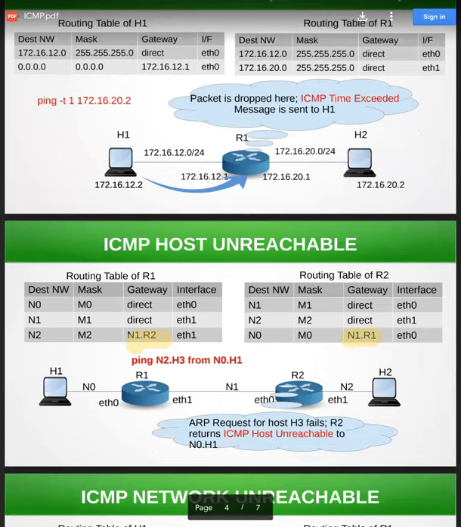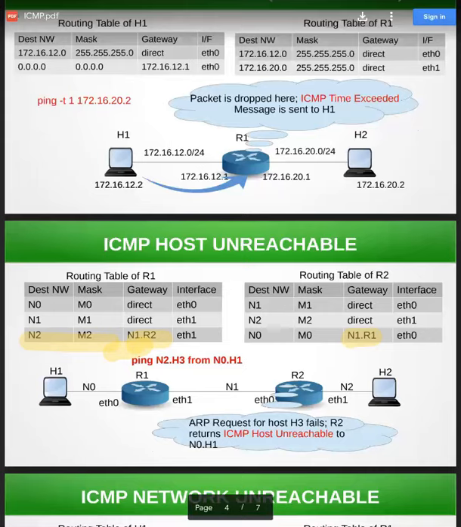Can someone tell me why? In the routing table of R1, I'm saying destination network N2 can be reached with the gateway as N1.R2. I did not say there N2.R2. I cannot say N2.R2. Can you explain why?